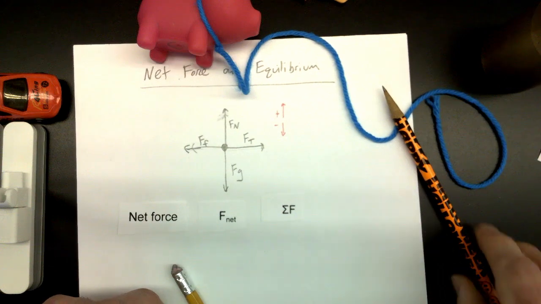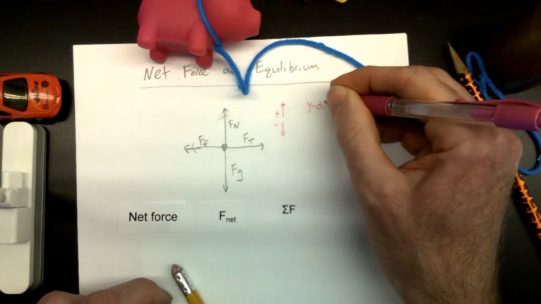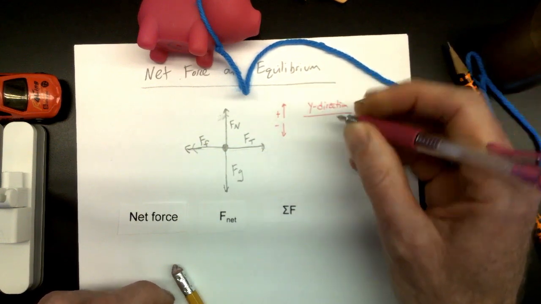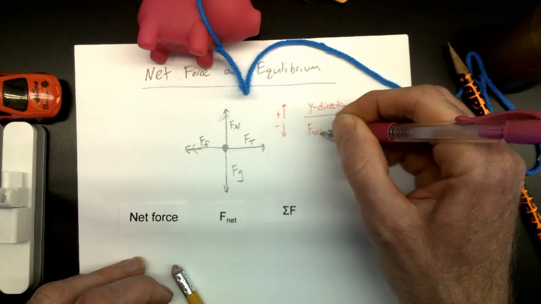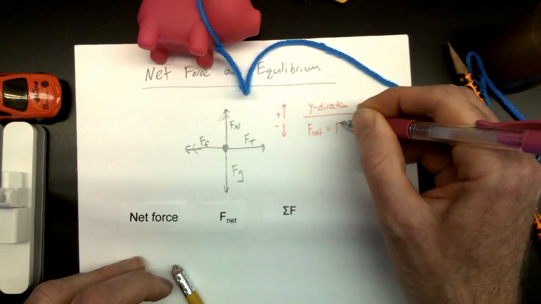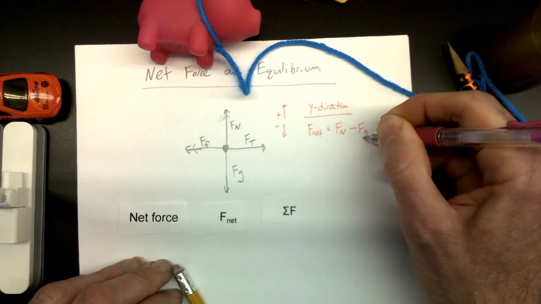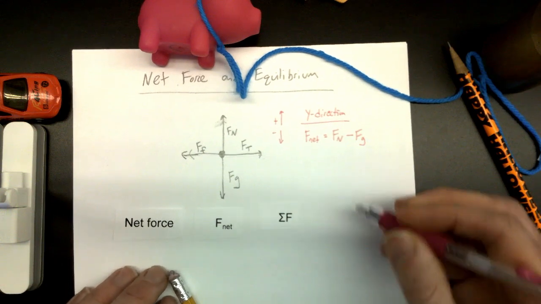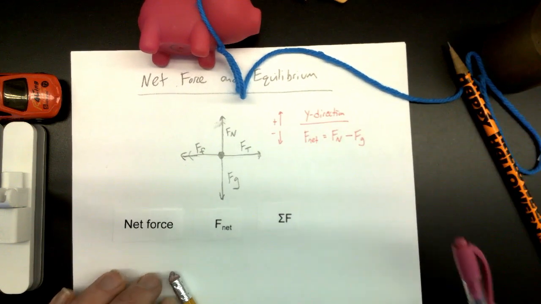So if I'm looking for in my y direction right here, if I'm looking for my net force, which I'm going to write as F net, then I'm going to write normal force minus gravity. It's really adding them together, but one of them is in the negative direction. So I've added my forces together just like that.